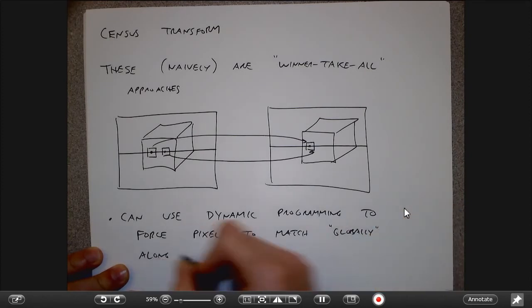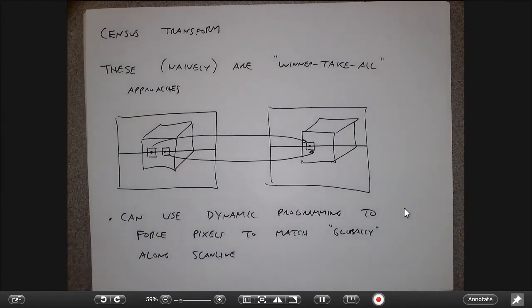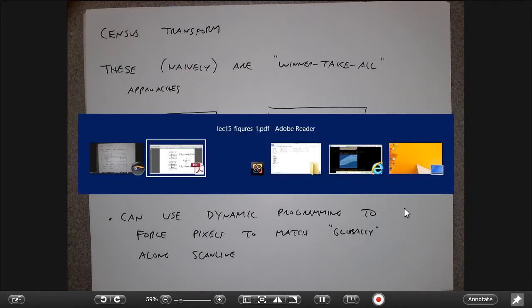What I'd like to be able to say is that I want to make a decision about all the matches along the scan line at once in such a way that, taken across the whole scan line, I have the best match possible, instead of saying that for every pixel along the scan line, I'm independently choosing the best match.